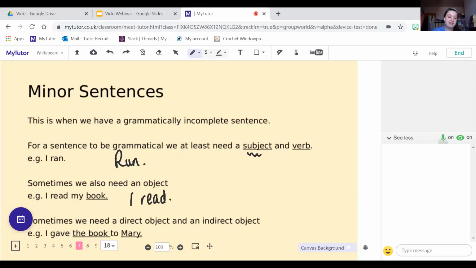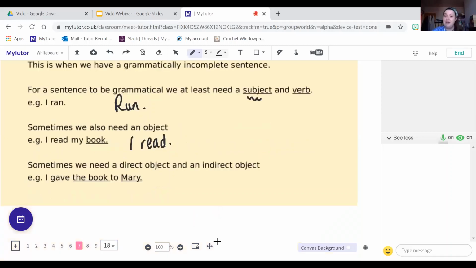Now it gets even trickier when we have a verb which requires a direct object and an indirect object. So gave is the big one that you tend to look at when you take this a bit further into A level. So I gave, if we just had I gave or I gave the book, that would be a minor sentence because we require an indirect object as well.